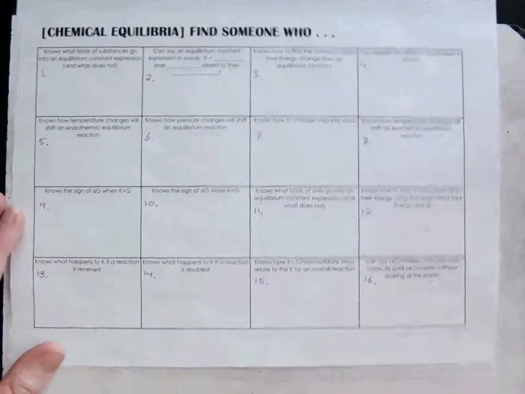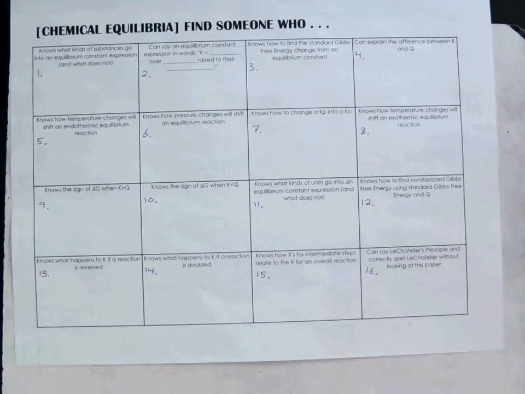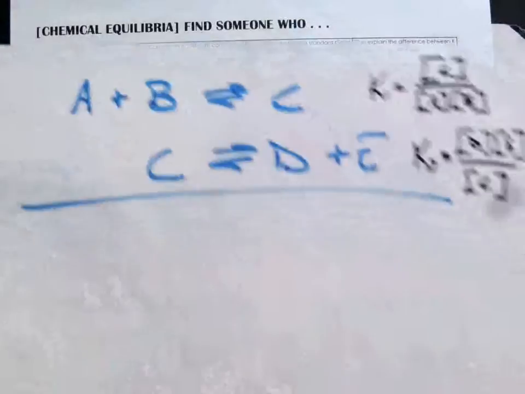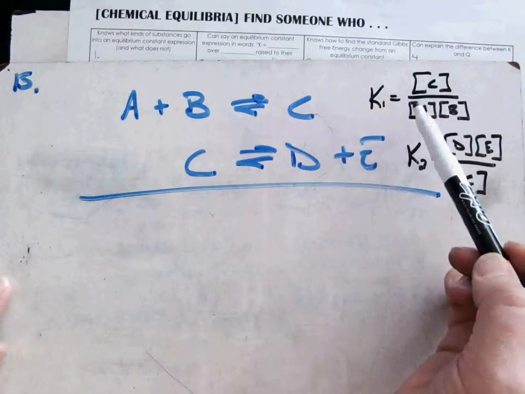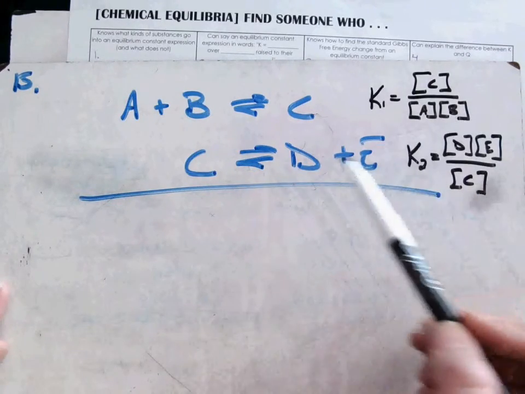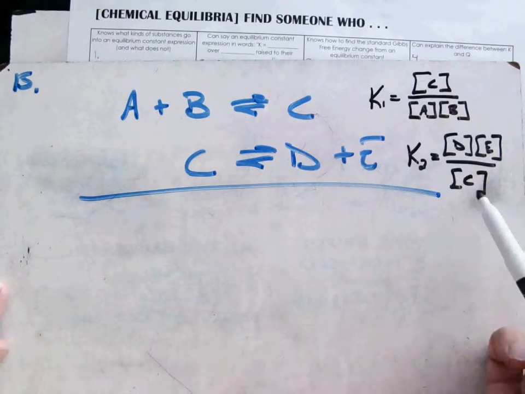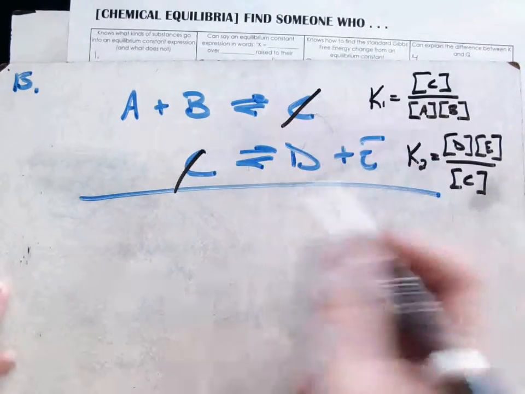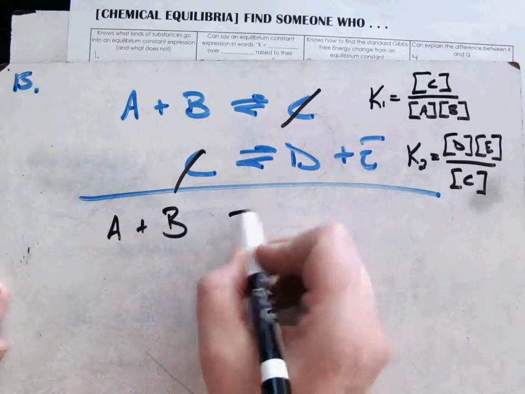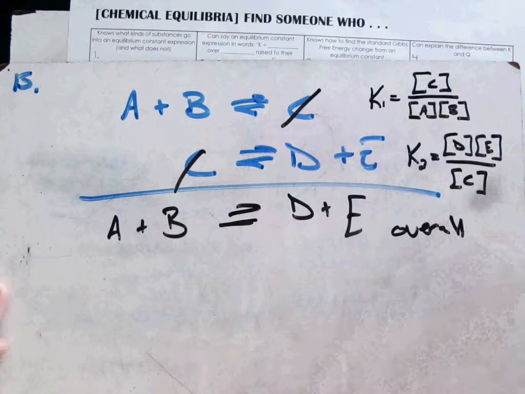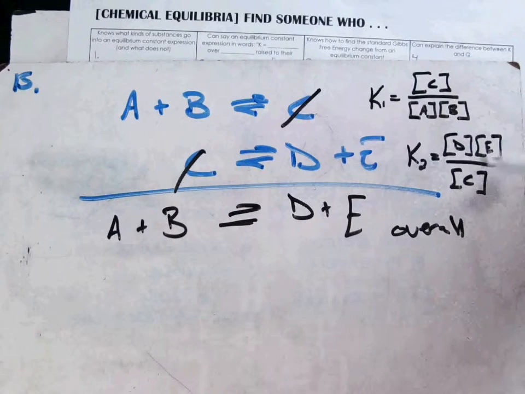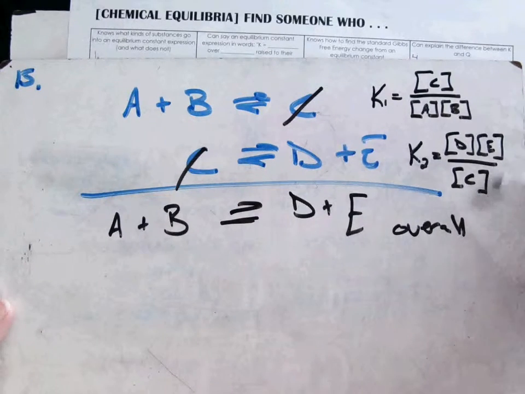Okay, how about intermediate steps adding up to a larger one? I made this 2-step process here. Here's the K expression for the first step, products over reactants, and here's the K expression for the second step, products over reactants. When I add them up, I find that C is an intermediate. My reactants are really A and B. My products are really D and E for my overall. Well, I'm going to prove to you that if I take the K's of my intermediate steps and multiply them by each other, I get the K overall.